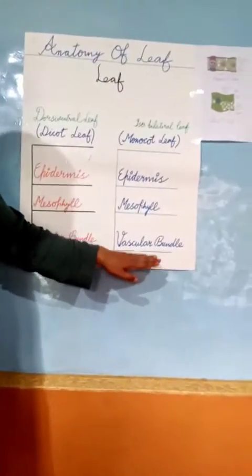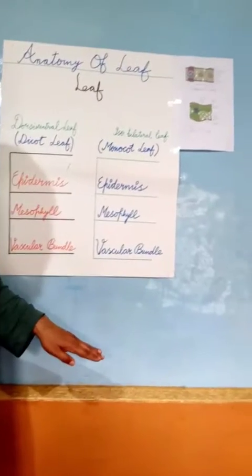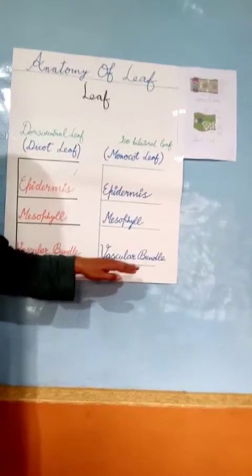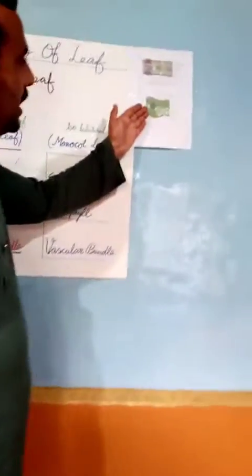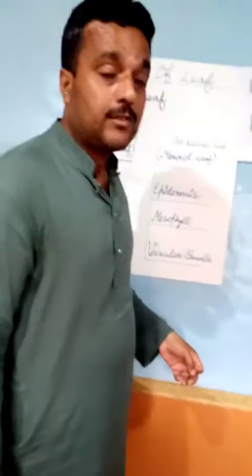Here the vascular bundles are conjoined and closed. Another point: the vascular bundles are small in number and smaller in size, but we will see some large vascular bundles also present.